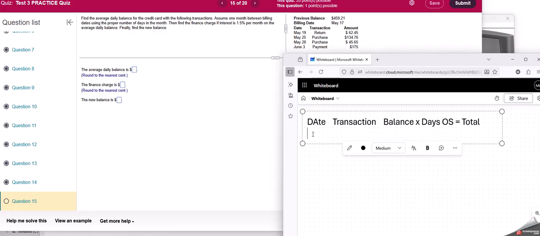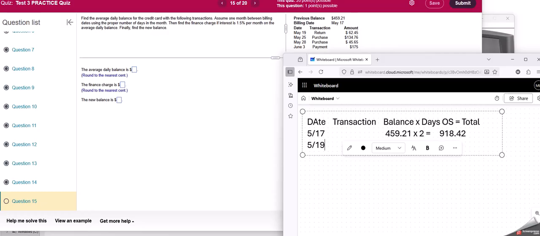So our date again is May 17th. No transaction, but we do have the balance of $459.21, and we determined that it was 2 days outstanding. I might just go ahead and do them as I go. So that is a total of $918.42.